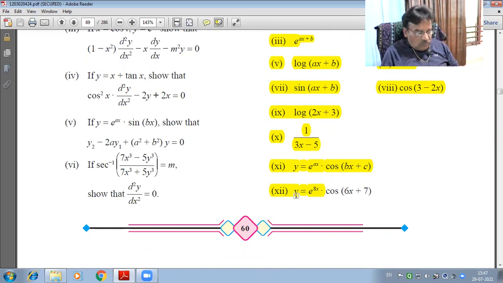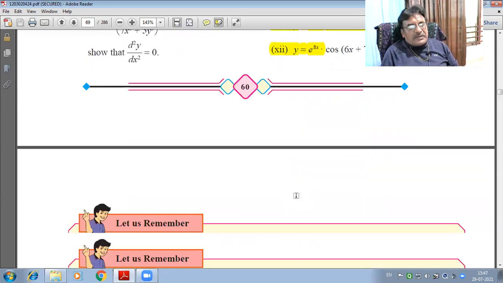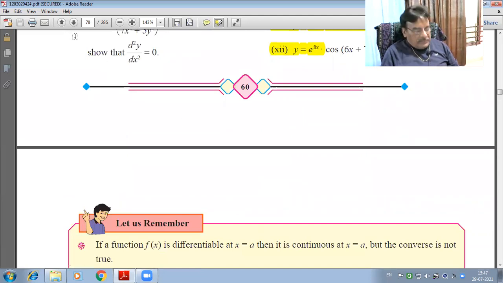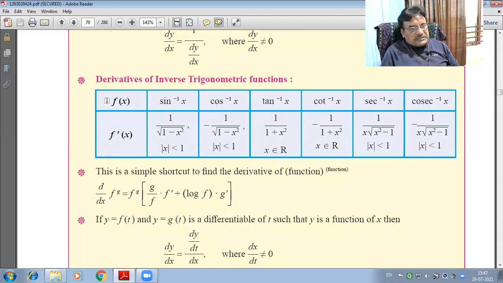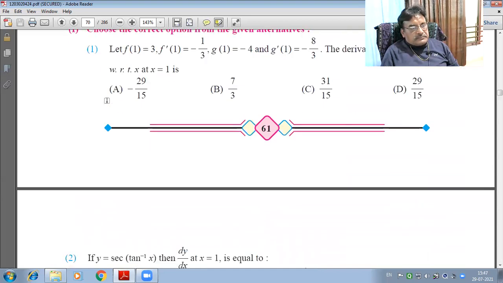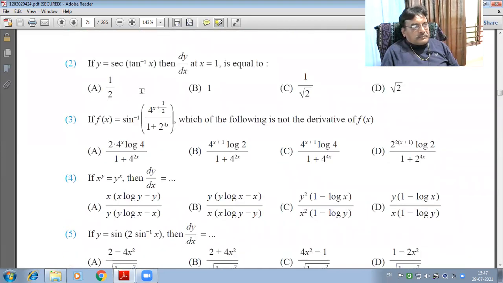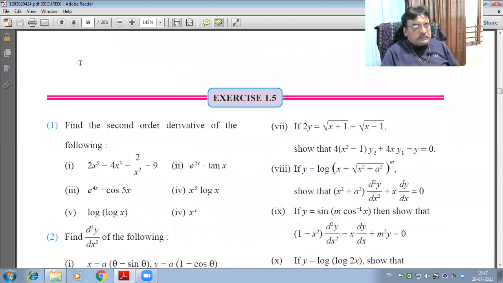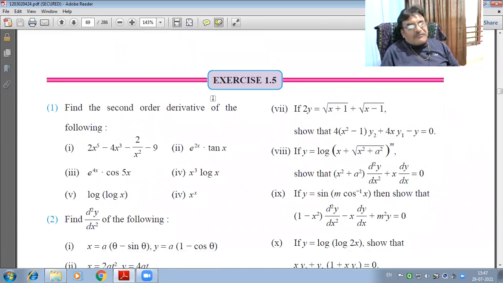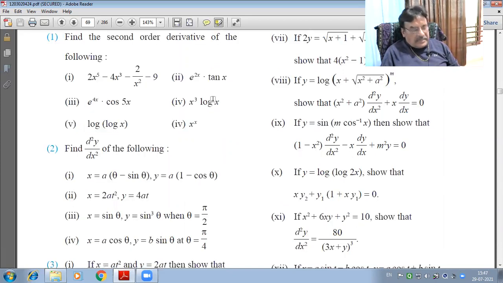Next, we go to applications of derivatives. Sorry, we go to exercise 1.5, page number 60.